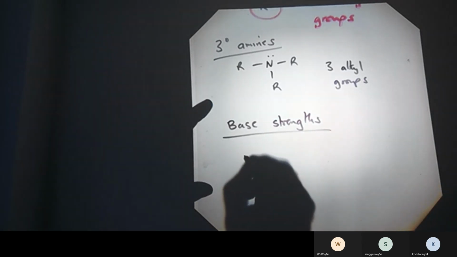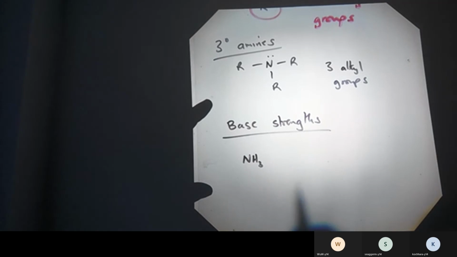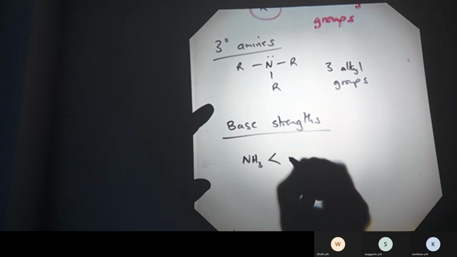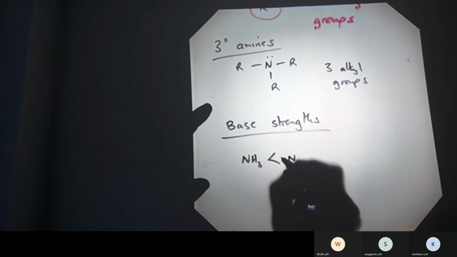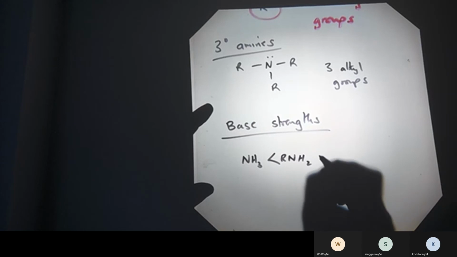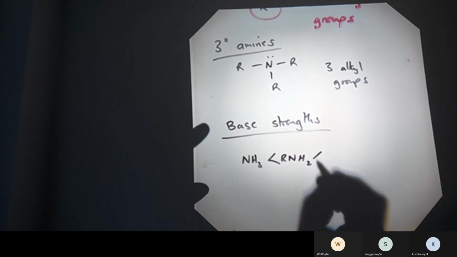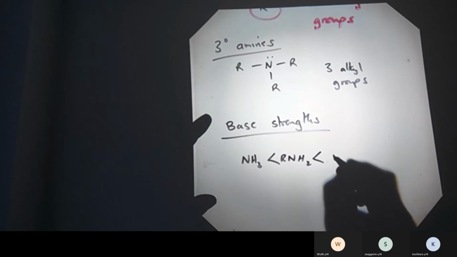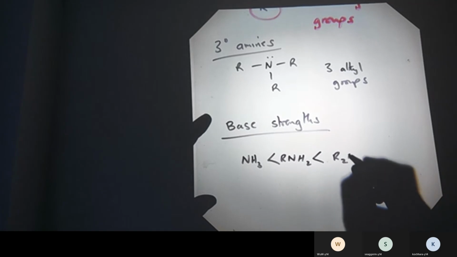So, compared to ammonia, NH3, RNH2 is a primary amine. Primary amines are better bases. How about R2NH?